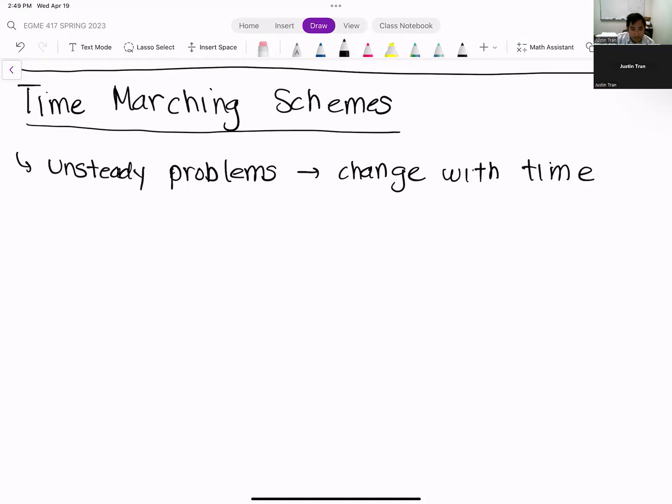Well, these are problems that have a time derivative in the governing equation, right? So we have a partial phi, partial t. We want to solve these using our usual computational methods, but we have to treat time a little bit differently. That's the whole theme of this section: because time behaves differently than space, we need a new collection of methods in order to solve this.